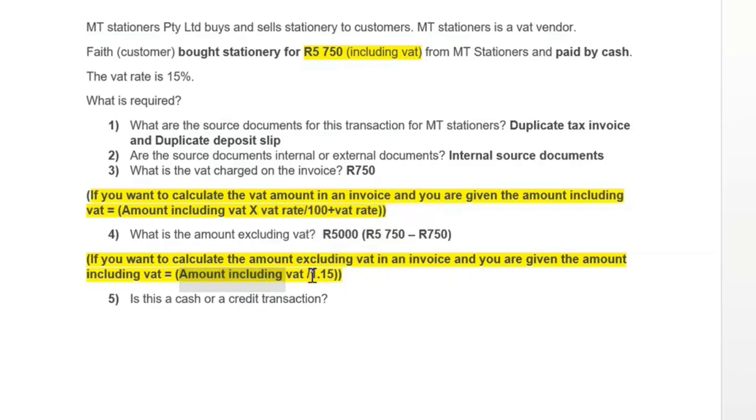How much do you get? You need to be getting the 5,000.